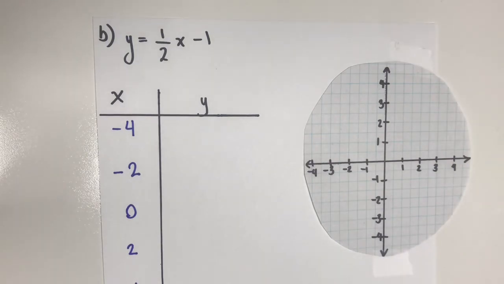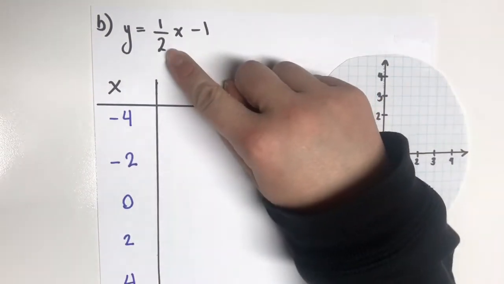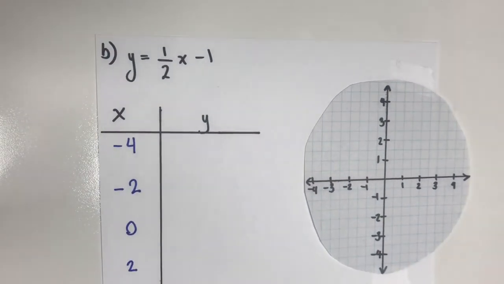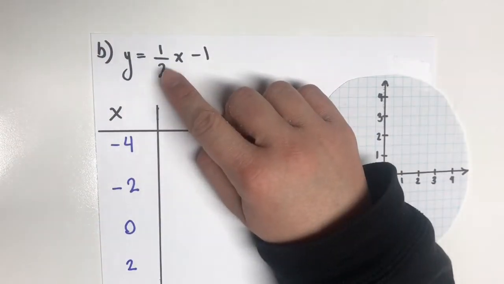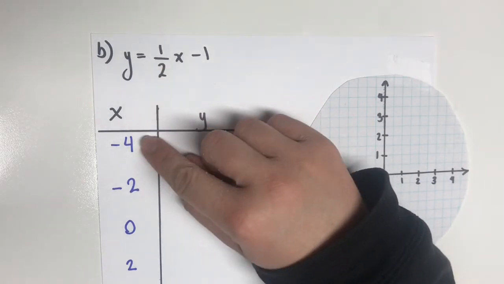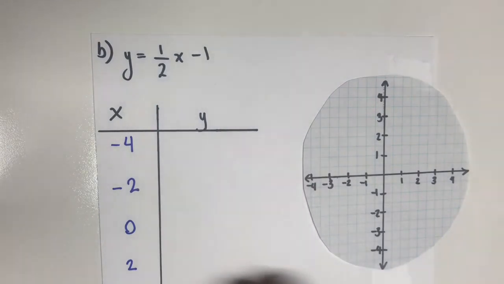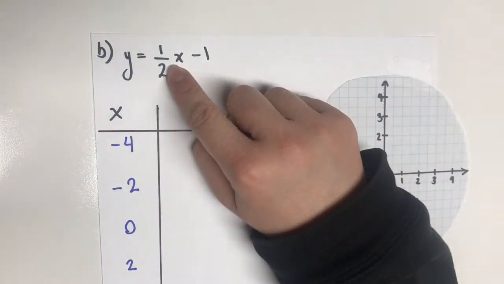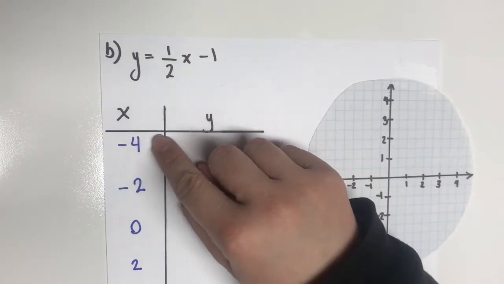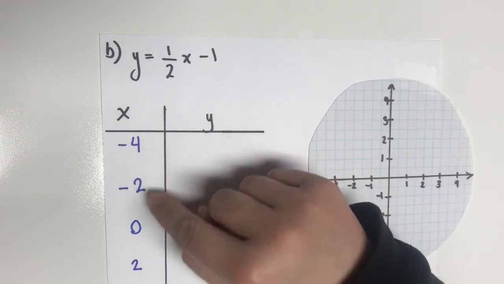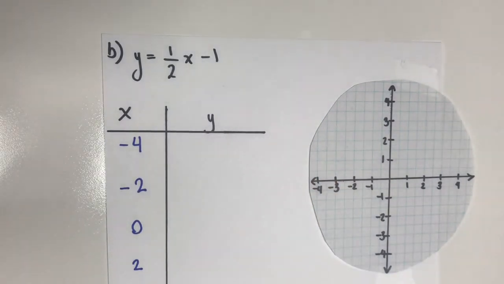So I'm putting multiples of the denominator, numbers that the denominator goes into. If this denominator was 3, then this would have said -6, -3, 0, 3, 6. If it was 4, then it would have said -8, -4, 0, 4, 8, if that makes sense.